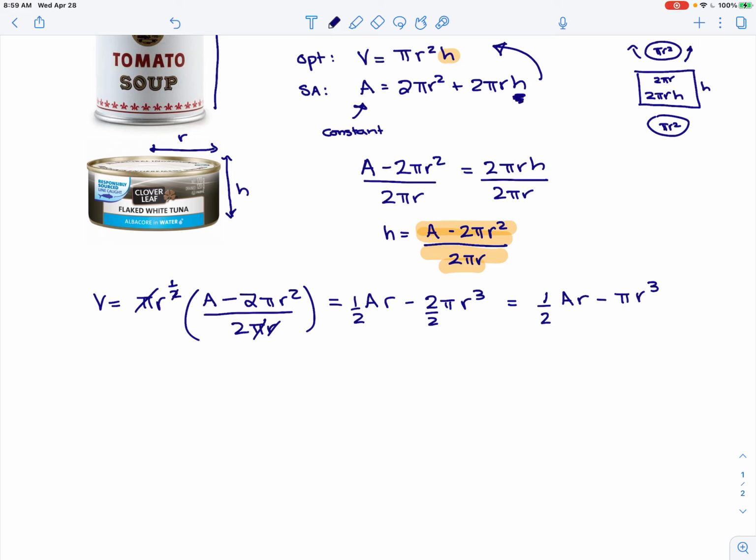Now that's nice and easy to take the derivative of. Remember, I'm taking the derivative and setting it equal to 0. The variable is r, and A is just a constant, think of it as like 3 or 4. So I have a half A minus 3 pi r squared.